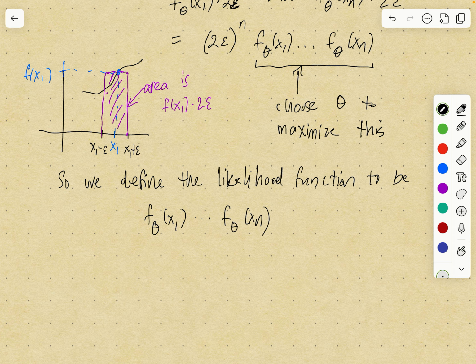That made sense because that's actually the probability of getting x1 to xn, right? But in this case, we gave some heuristic motivation for why we would multiply the probability density functions in the case of a continuous distribution. And again, notice that when n is equal to 1, you just get the probability density function. Okay, so that's your L of theta in the continuous case.